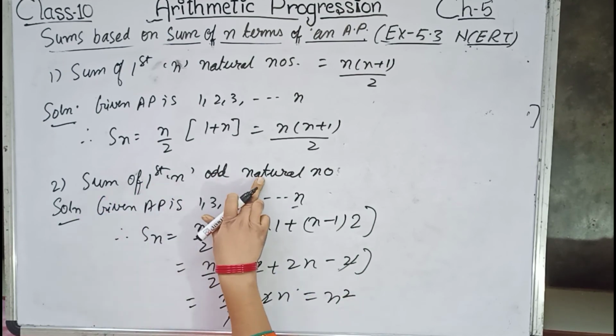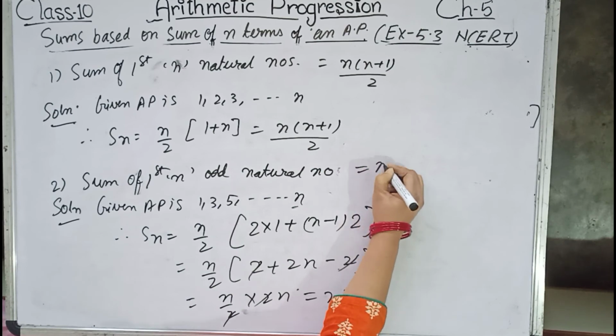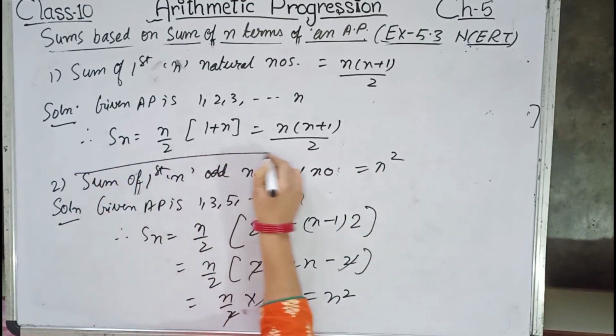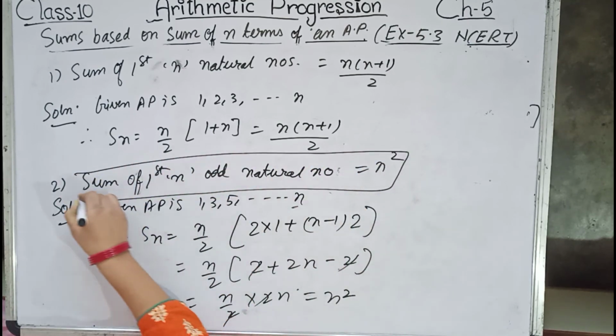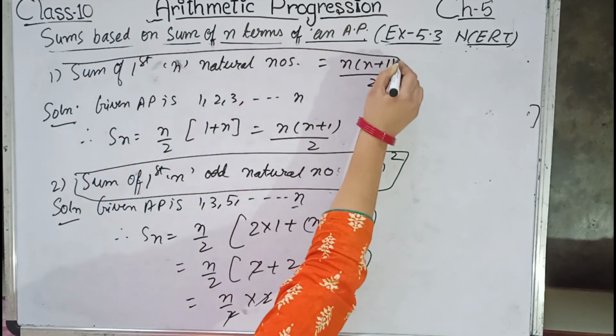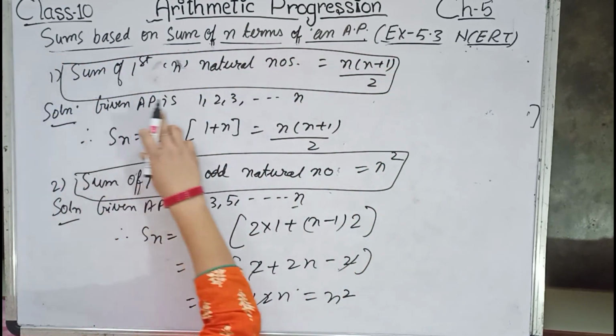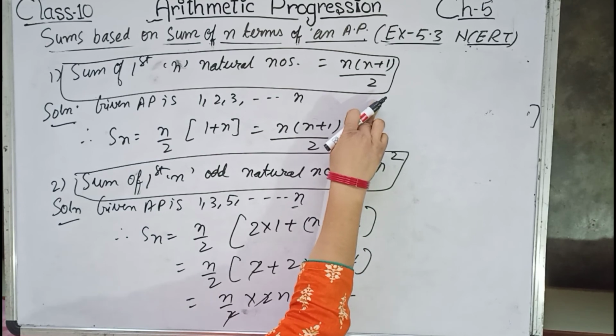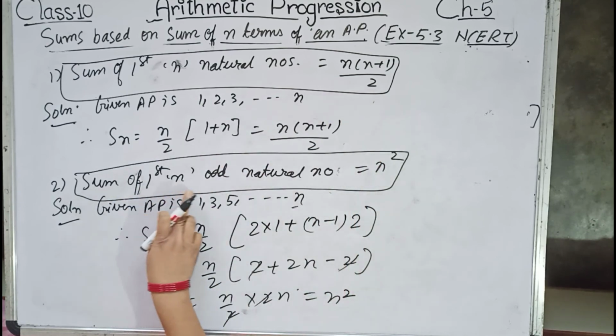So we can write sum of the first n odd natural numbers is n square. Remember this, it may help you in some objective sums. So sum of the first n natural numbers is n into n plus 1 by 2. Sum of the first n odd natural numbers is n square.